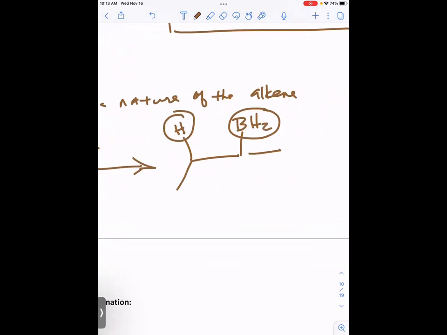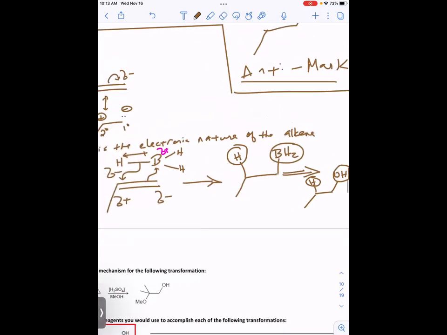And then eventually, that boron is going to become an OH group. So the anti-Markovnikov regiochemistry stems from the electronic nature of the alkene and the electronic nature of the borane, right?